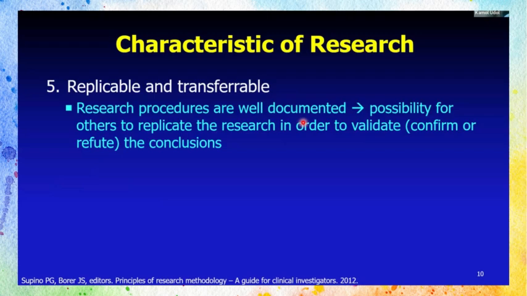So it is possible that when a research study is distributed, another team of researchers can replicate it in order to validate and confirm the findings and conclusions, or maybe to refute the conclusions. So it has to be replicable. We need a process to ensure that any research could be replicable.